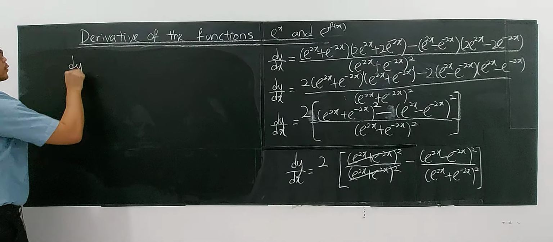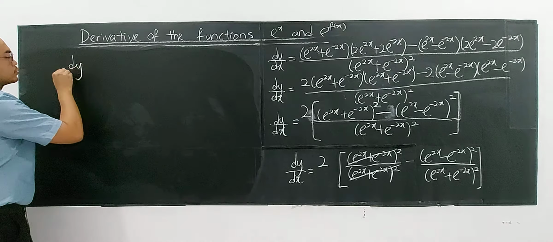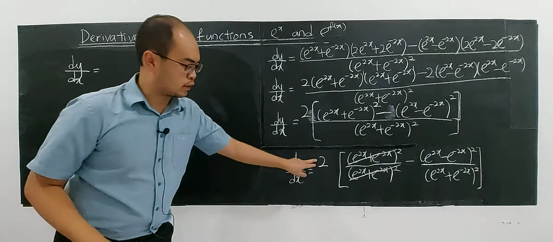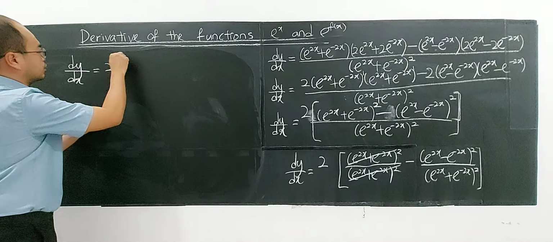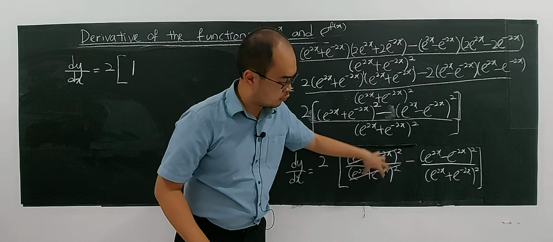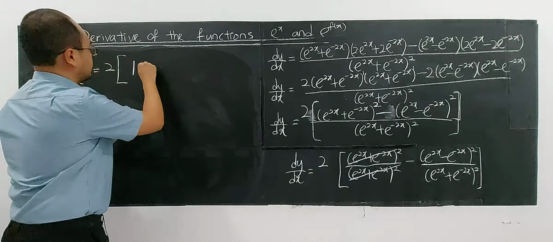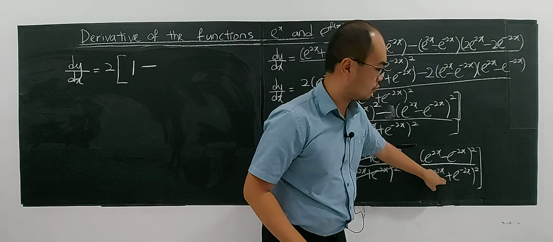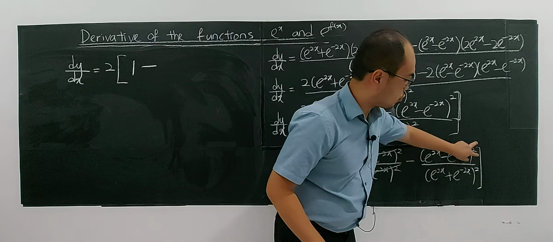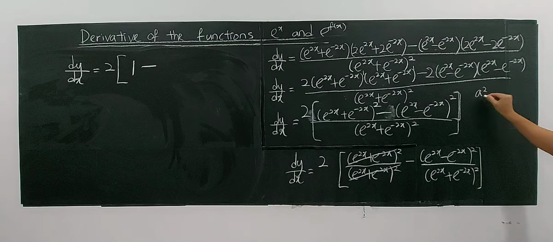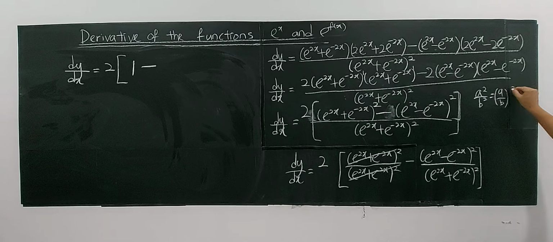The final form: dy dx equals 2 with 1 here. Why is it 1? Because this is identical, you divide, you're getting 1, minus, and as you look at this you cannot get 1 because one is negative, one is positive, but this is a square over a square, so you know that in algebra you can rewrite a squared over b squared as a over b, all squared.